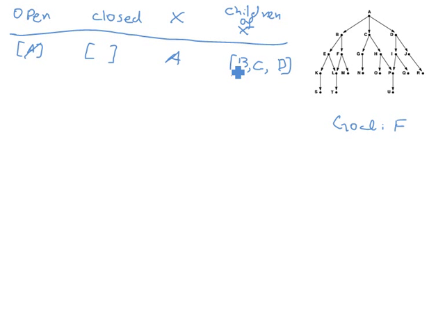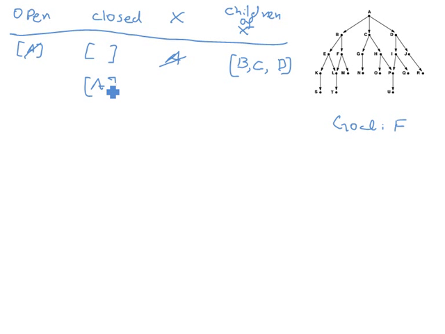And what we do, we will put x, which is A, on closed. So we added A to the closed list.